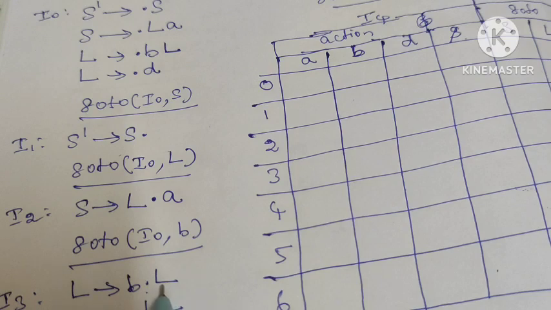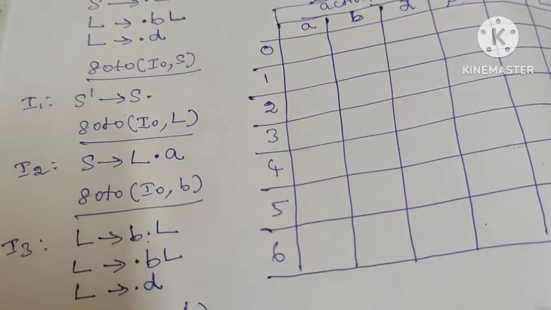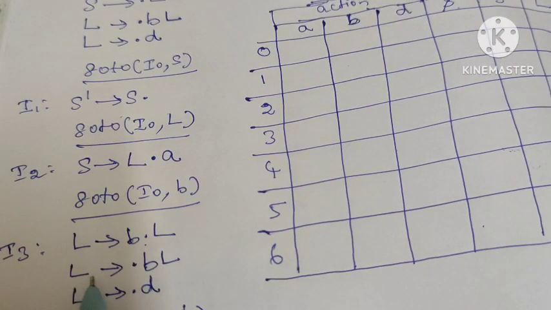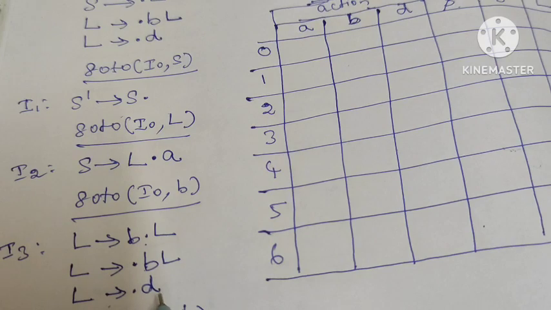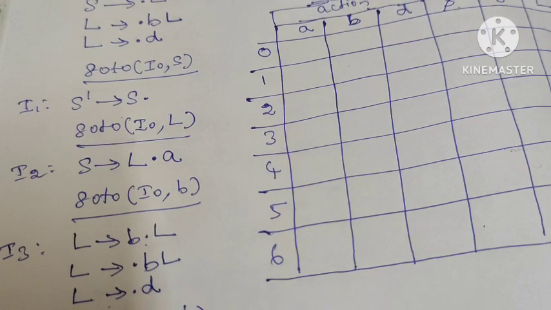That means we have to introduce all the productions of L. L has two productions, that is L tends to dot BL and L tends to dot D. In SLR parsing, whenever we construct these canonical LR items, we have to place a dot before every production.